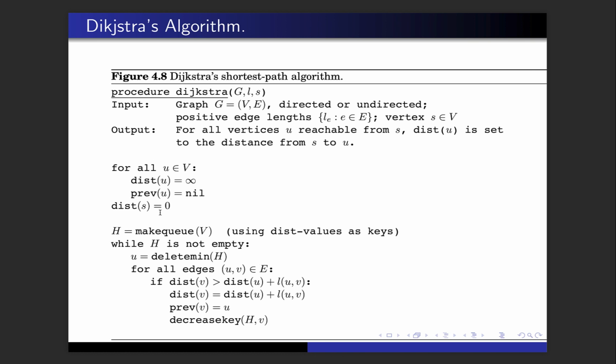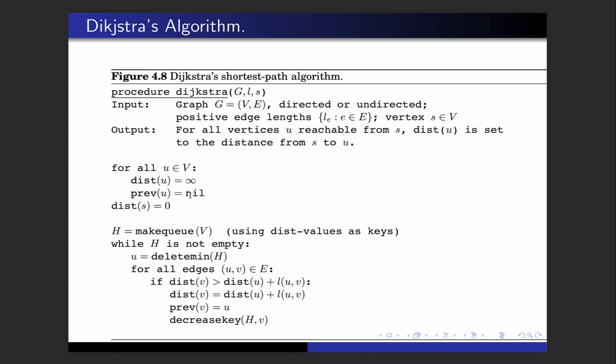Here is the part we were talking about before. We will start by setting a key value distance to every other vertex in the graph to be infinity, and the distance to S we're going to set to be 0. Now there is also this pre-value of U, which at first we're going to call empty or null or anything you have in mind, really.